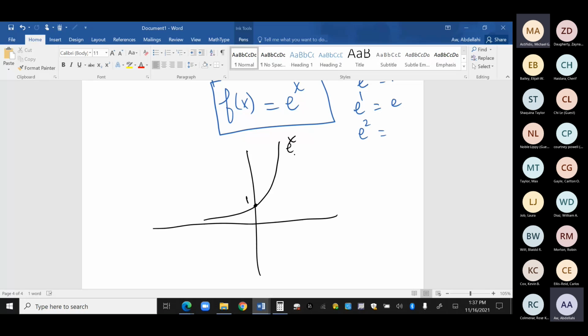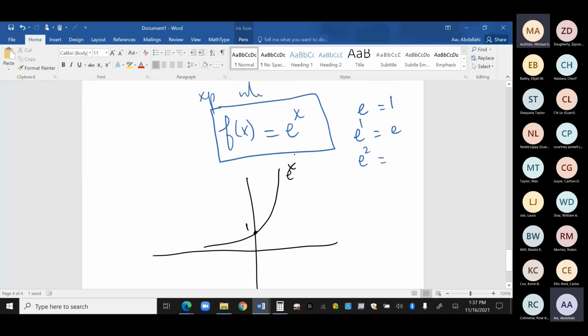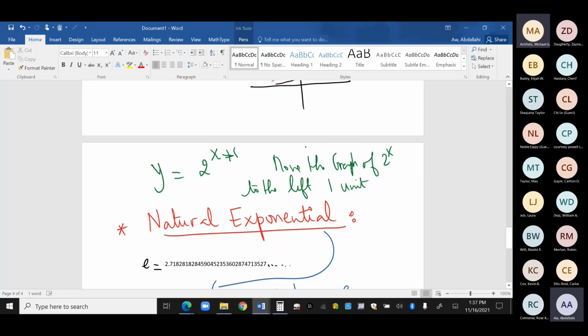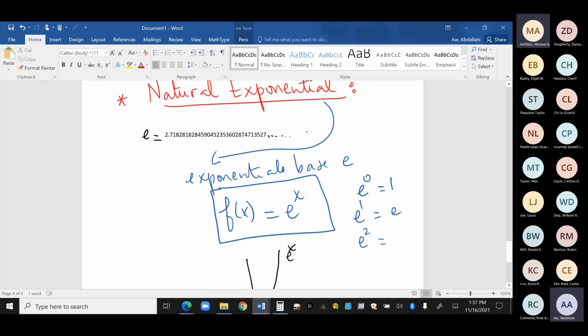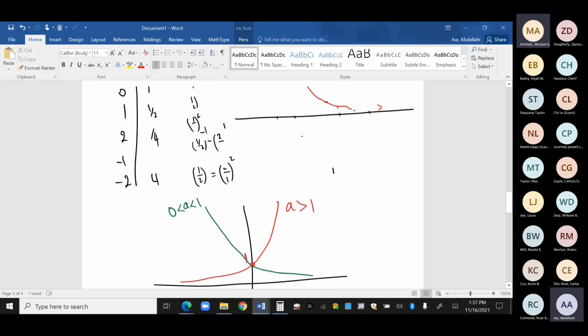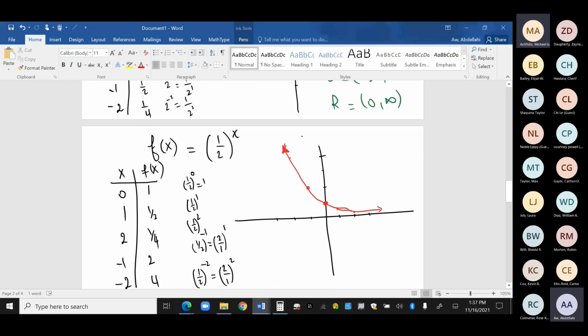So that was a refresher from exponential functions, okay? We defined this exponential function like this. This is a natural exponential.